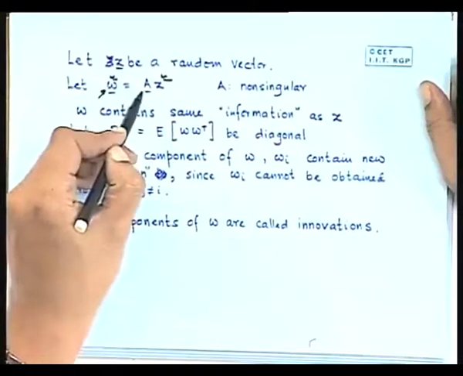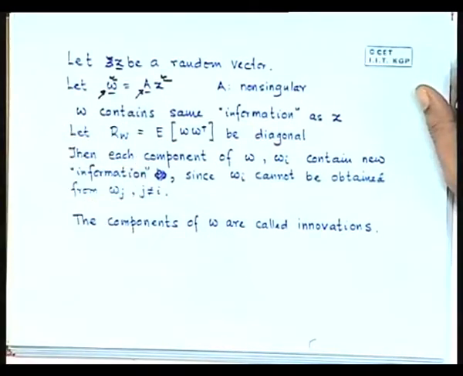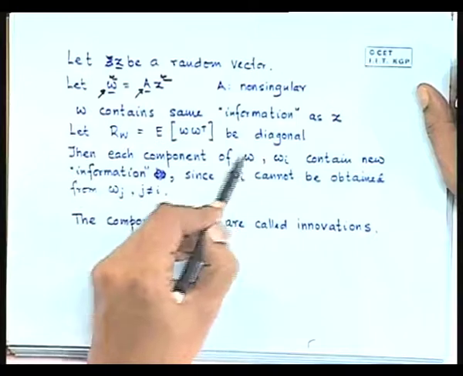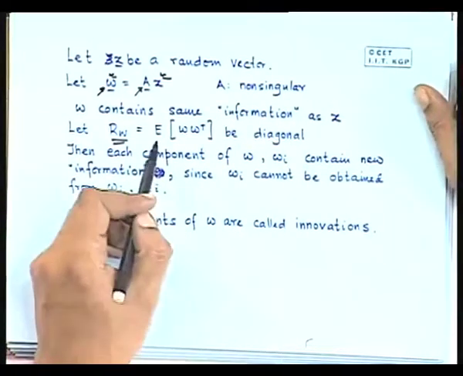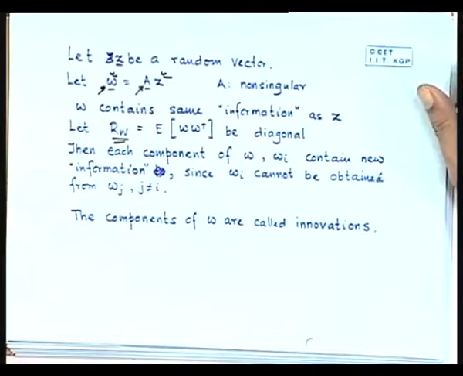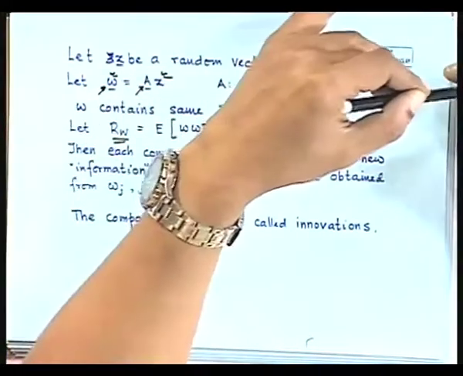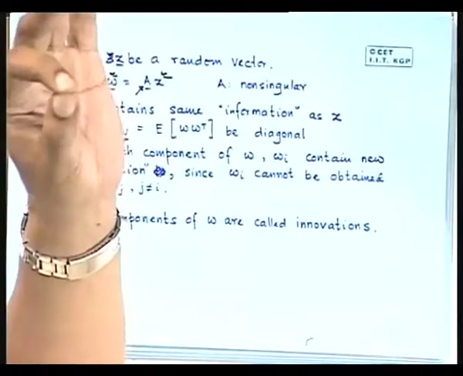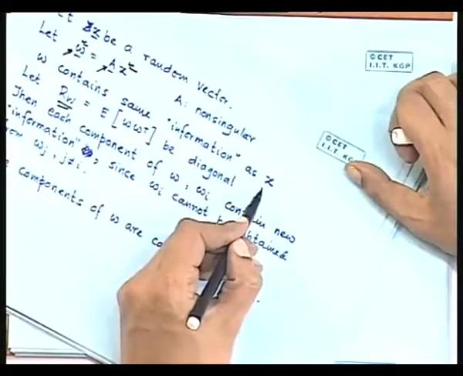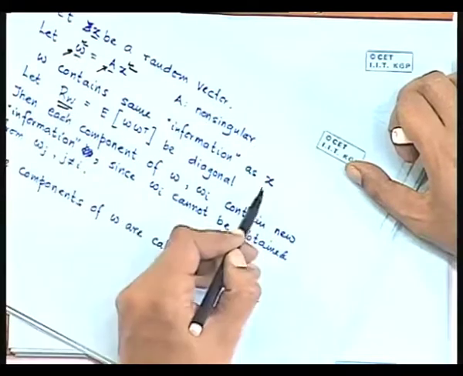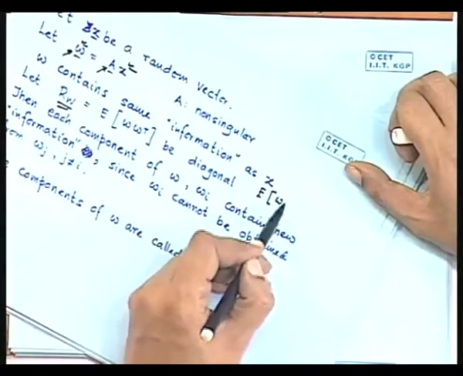Now suppose you can generate this W in such a manner that Rw, the expectation of W W transpose, is diagonal. What does that mean? The ijth element of this matrix will be the expectation of Wi Wj.